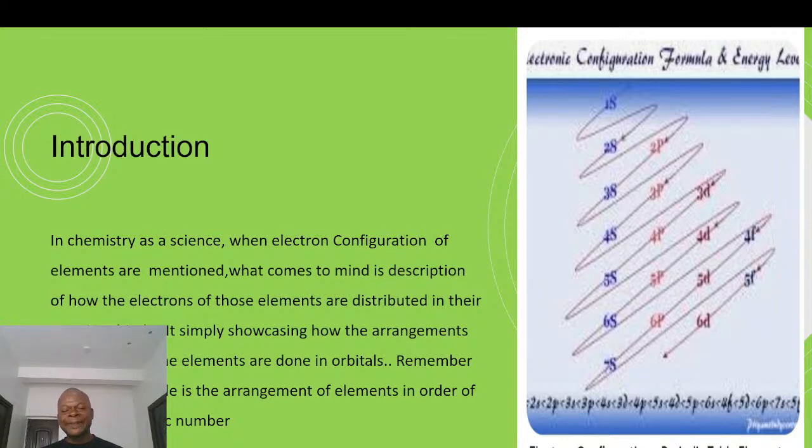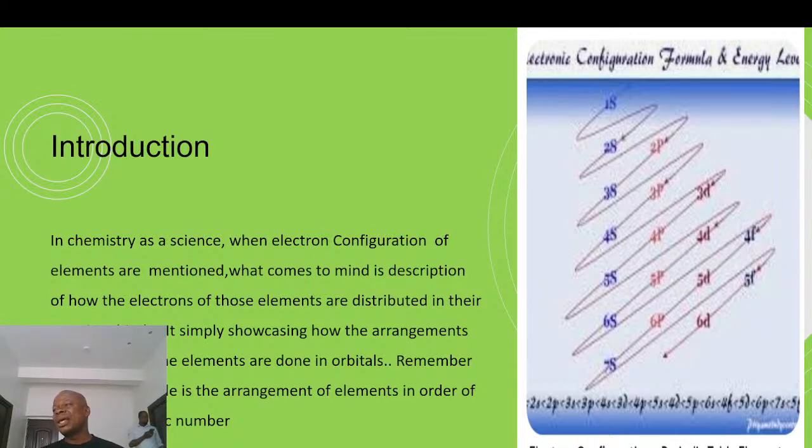When Mendeleev constructed the first periodic table, he said it is the arrangement based on relative atomic mass. But as time goes on, we now realize that it's in order of increasing atomic number. So you have to have that in your mind.